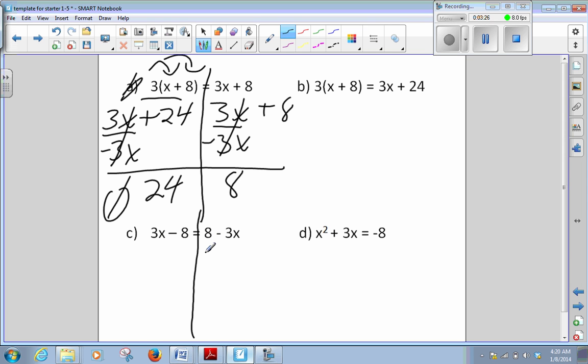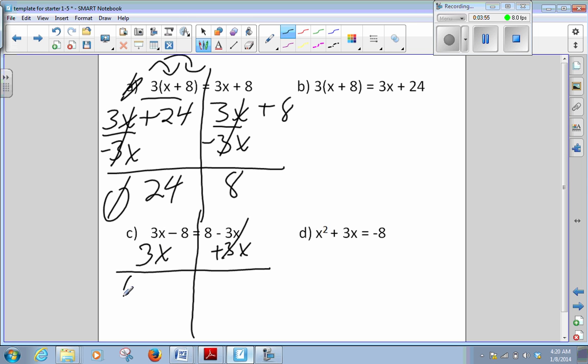I personally want to get rid of the minus 3x, just because negatives are always where I went wrong when I was in middle school. So I'm going to get rid of that minus 3x with a plus 3x. That's going to cancel. Remember, I don't add the 3x's to the 8 because one's a number and one's a variable. So I added 3x's to this side, so I'm going to add 3x's to this side.